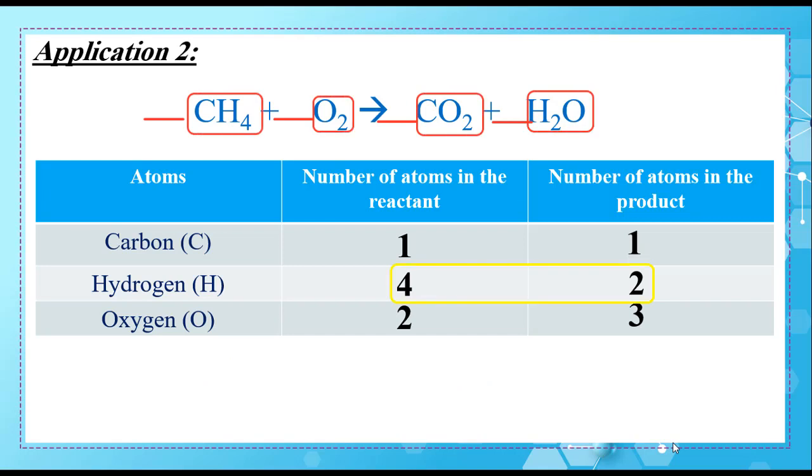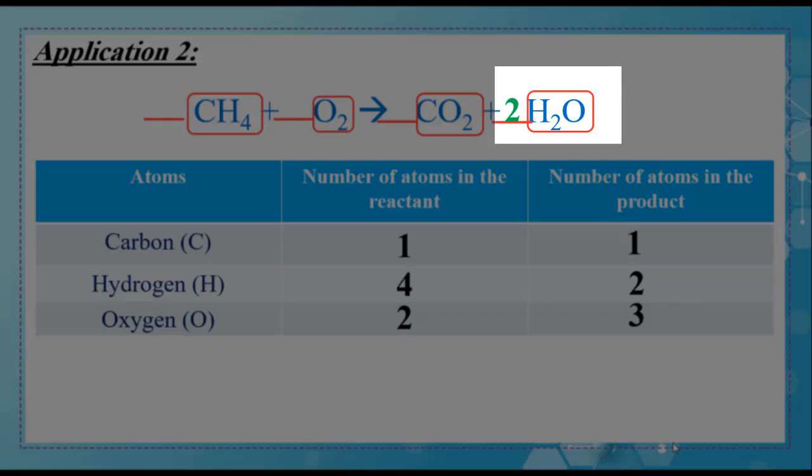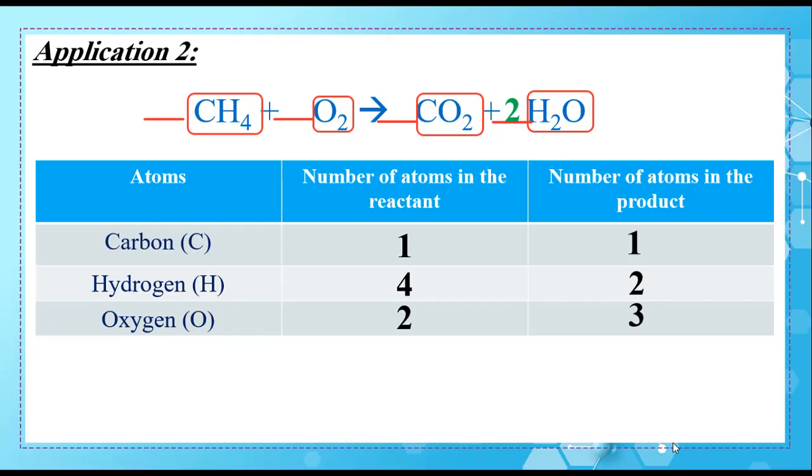To balance the number of hydrogen atoms, you can start by adding coefficient 2 in front of H2O, so that the number of hydrogen atoms in the product will change into 4. Not only this, also the number of oxygen atoms in the product will change into 4.